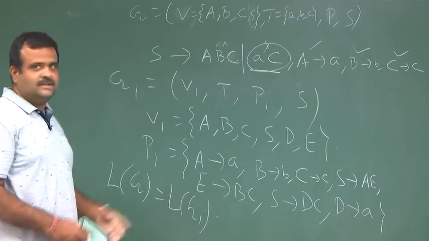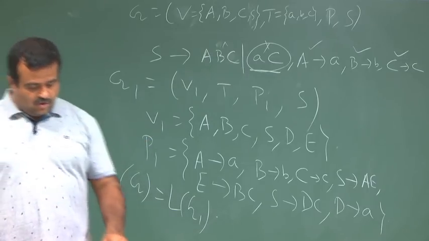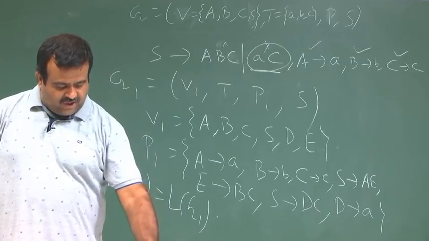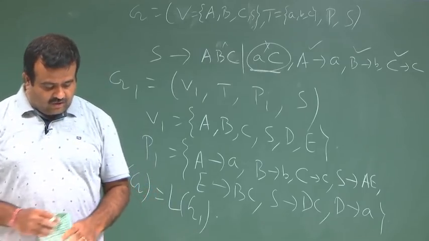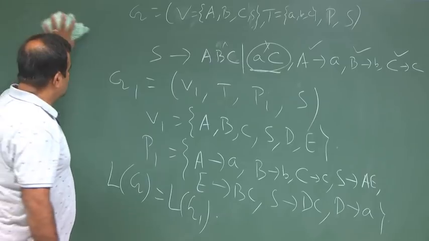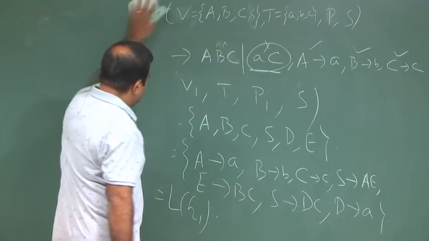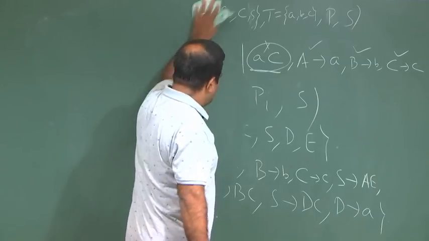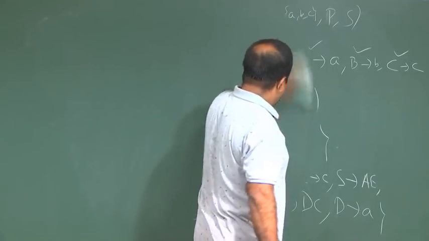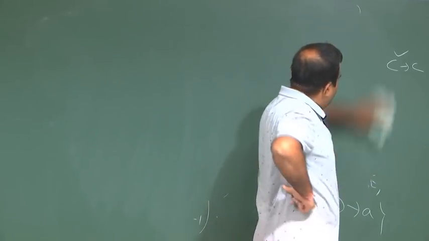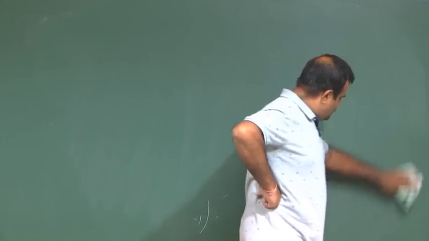Okay. So, this is through an example, but in general we can prove that these are equivalent. So, how to show this? That we will try. Given a grammar, how can we reduce it to a normal form, particularly CNF?